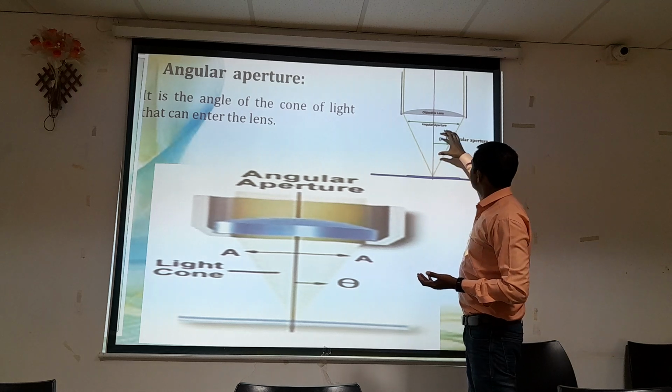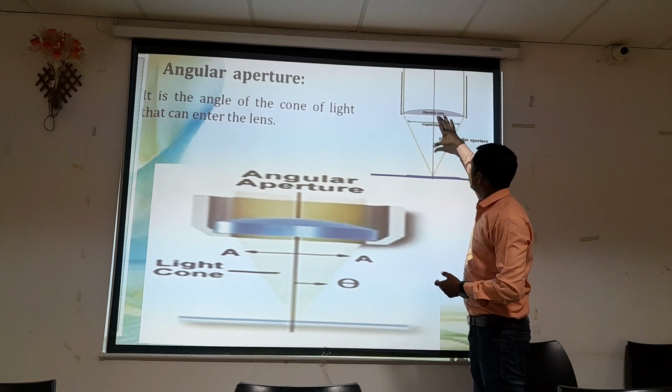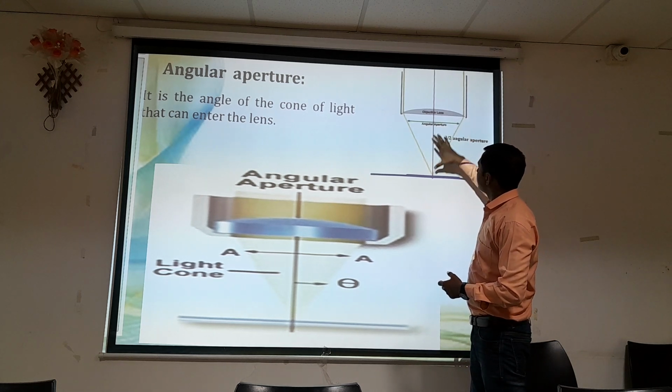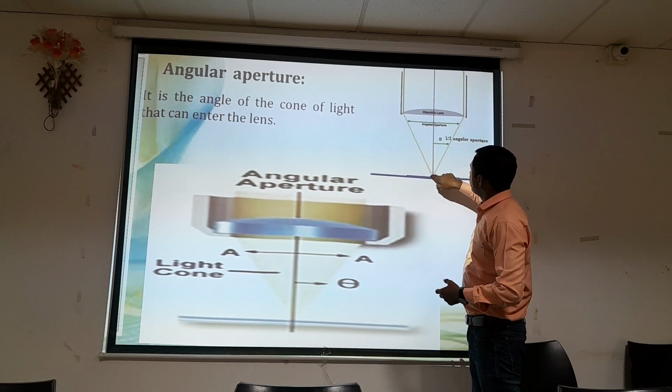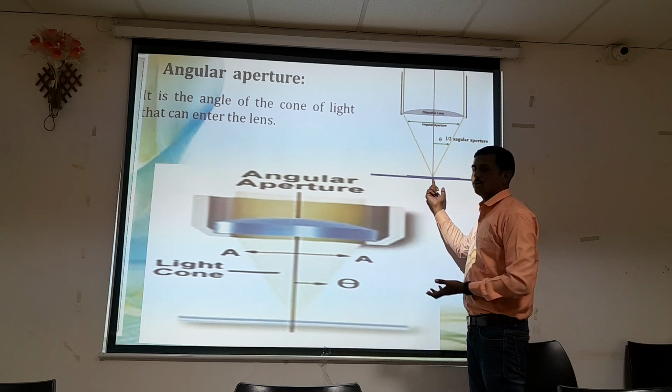That distance is between the specimen and the objective lens, and here the light passes from the light source.